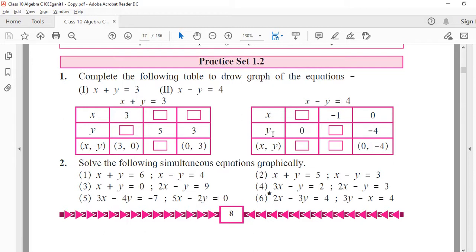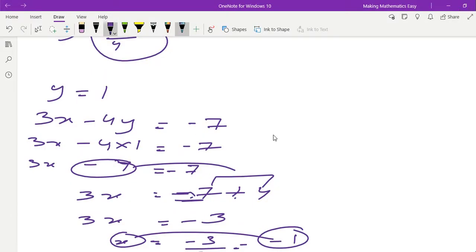So let's take y as 2. This will be in fraction, but we have to do it. We don't have any choice, because if we keep on searching for the number to get a whole number, then we'll waste our time in exam. So we can also learn how to plot point on a graph paper.